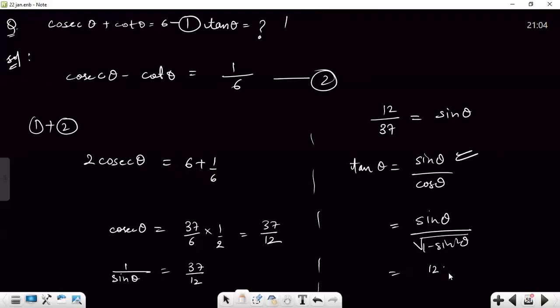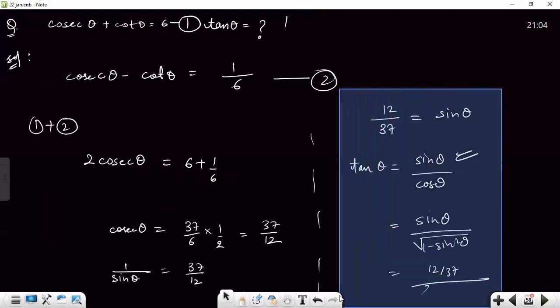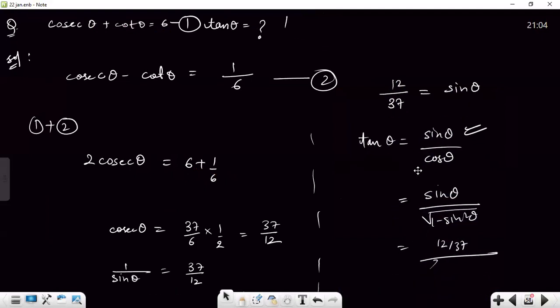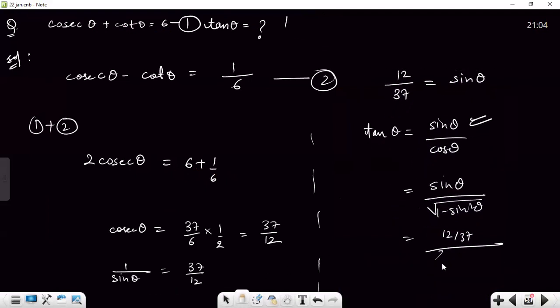Sine theta is 12 by 37 divided by 1 divided by square root of 1 minus 12 square divided by 37. Using this method, we can also find out. Please read the example. If there are any doubts, ask.